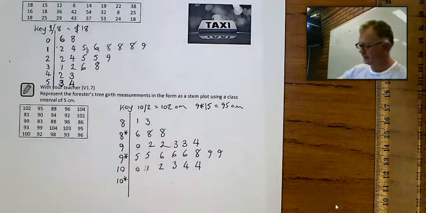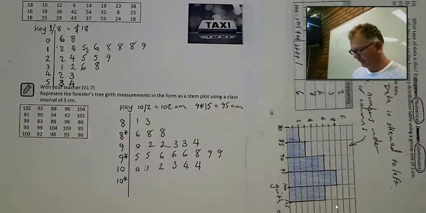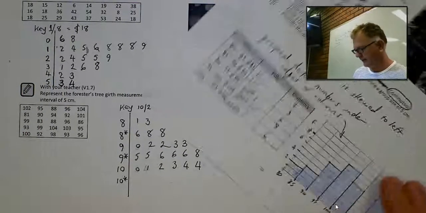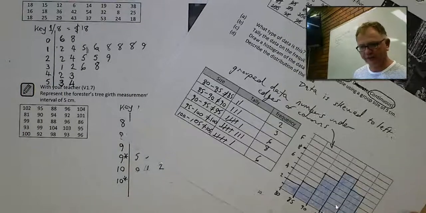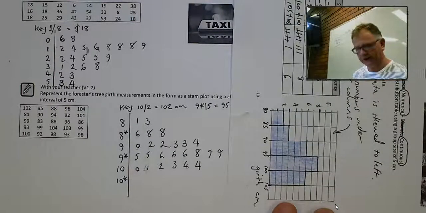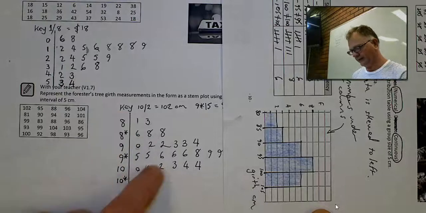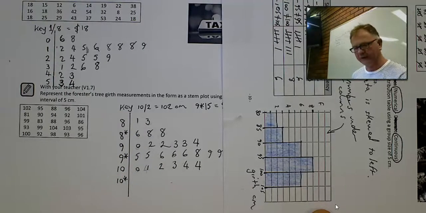In fact, if we look back, we've already done this once, I think. In a previous example, we drew a histogram of the forestry data. That was our original data. Turn it on its side, and this shape here very much reflects the data we've got here.